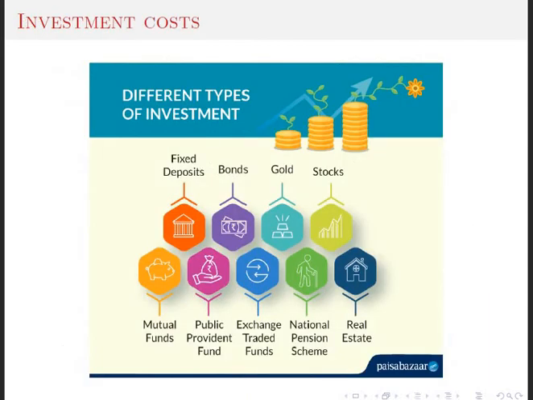Now, let us consider a few examples from the management field in which optimization has an important role. Let us begin with investment. An investment is an asset or item acquired with the goal of generating appreciation. In an economic sense, an investment is the purchase of goods that are not consumed today but are used in the future to create wealth.